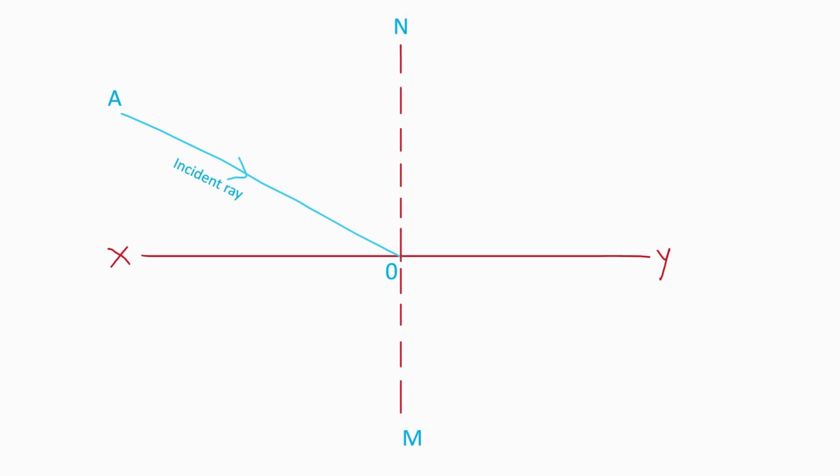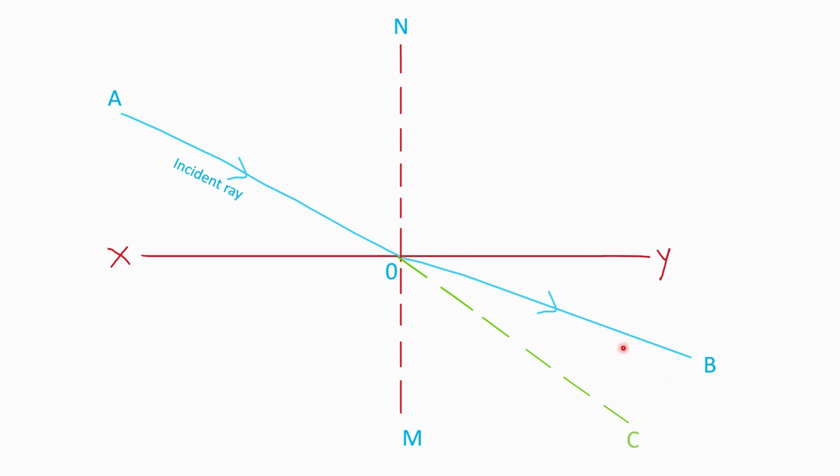Let me give you another illustration for this. Again, let's take our surface as XY and our incident ray here. The incident ray is the ray of light that falls on the surface separating the two media, and we have our normal NM again. The path that it is supposed to go in is OC. So when the incident ray is AO, the path it is supposed to go is OC, but instead of going in the path OC, it goes as OB.